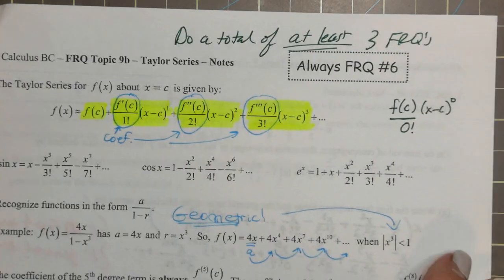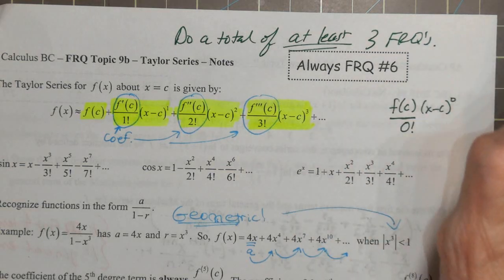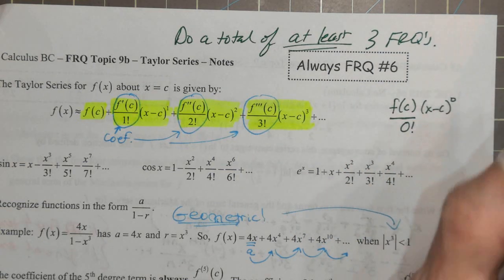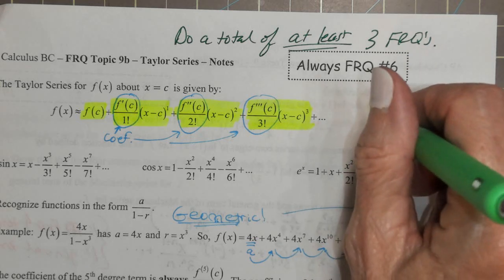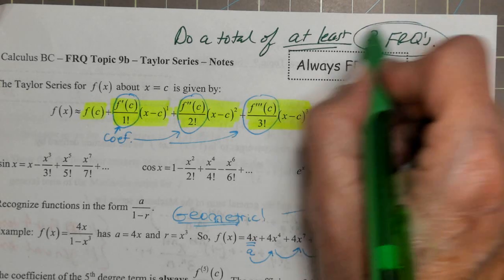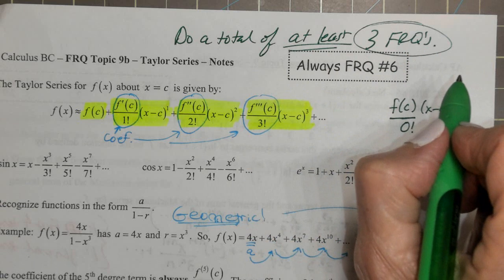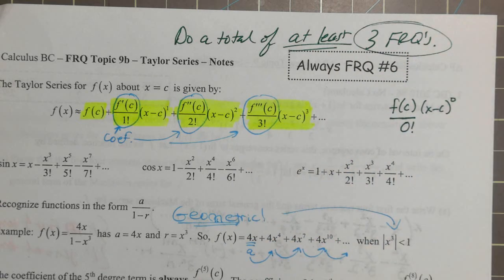Preferably all of these. At some point before the AP exam, do all of these. But I will be checking to see if you did 3 more of these. Okay? Alrighty. That's it. Get to work.